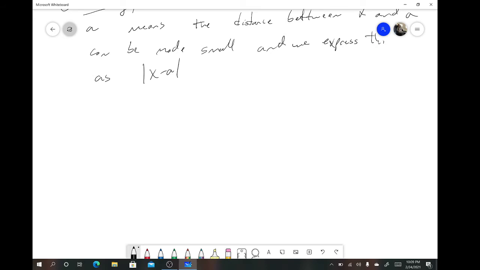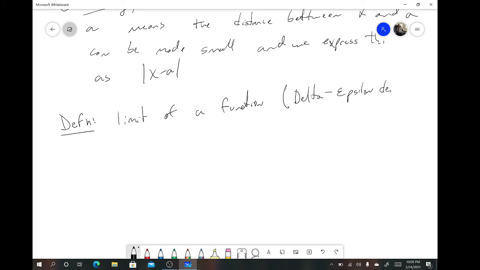So it is important that you at least see the proper definition of the limit of a function. This is sometimes also called the delta epsilon definition. So if you were to Google the delta epsilon definition of a function, this is what you will probably see.